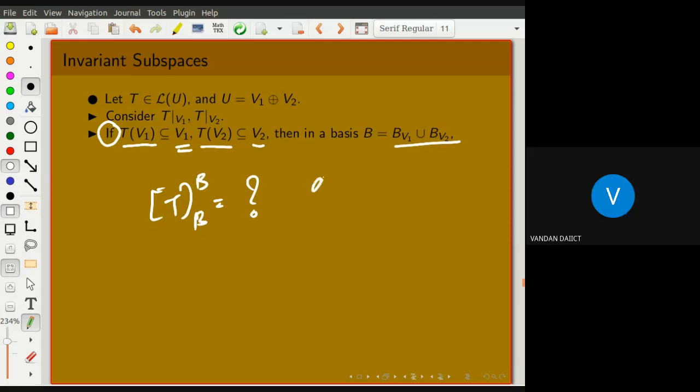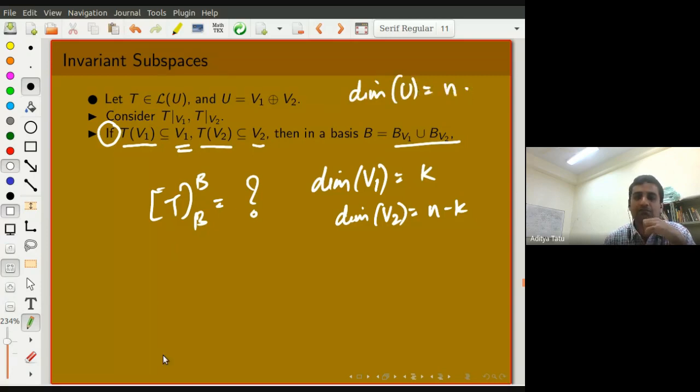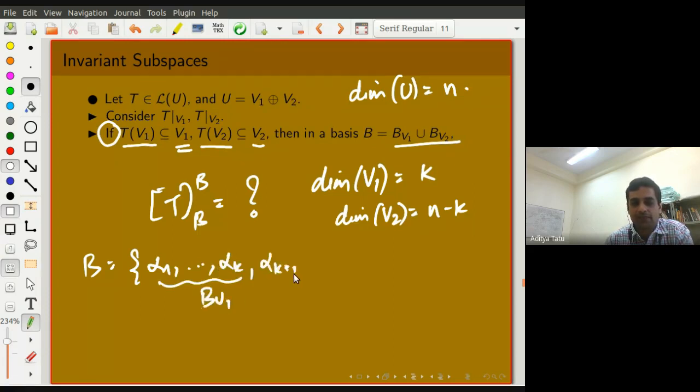Assume the dimension of V1 is K. Therefore, the dimension of V2 is N minus K. Dimension of U, I'm assuming, is N. How would this matrix look like? Let's say alpha 1 to alpha K are the basis of V1, and alpha K plus 1 to alpha N are the basis of V2.